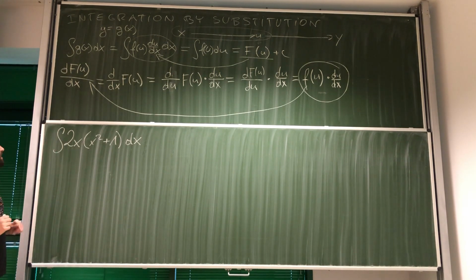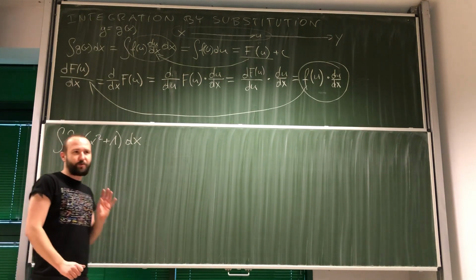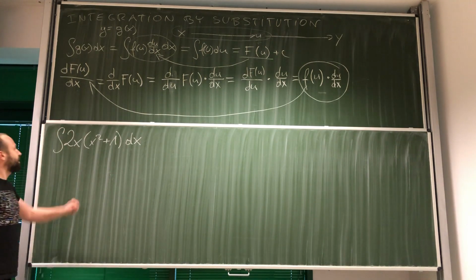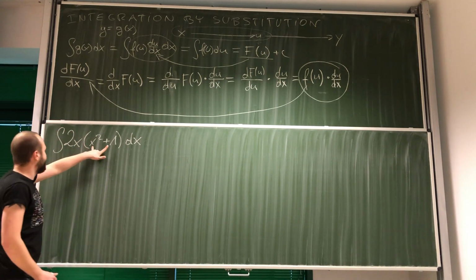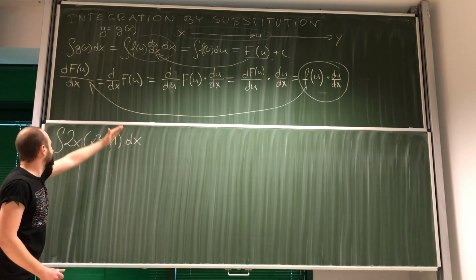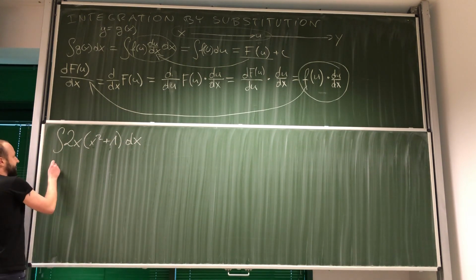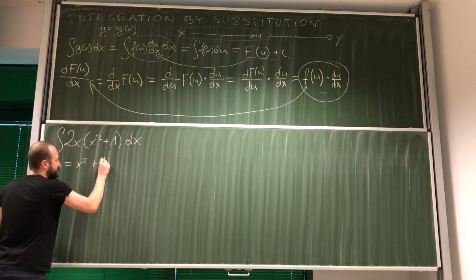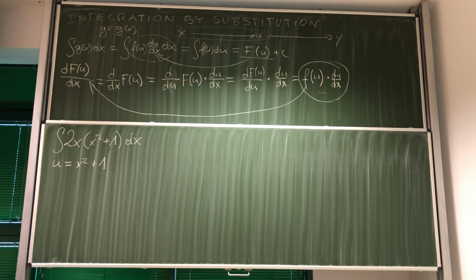First thing that we do is that we need to recognize what is the most problematic component and express it as u. In this case, this is clearly going to be the expression in parentheses. So let's just say that u is equal to x squared plus 1.